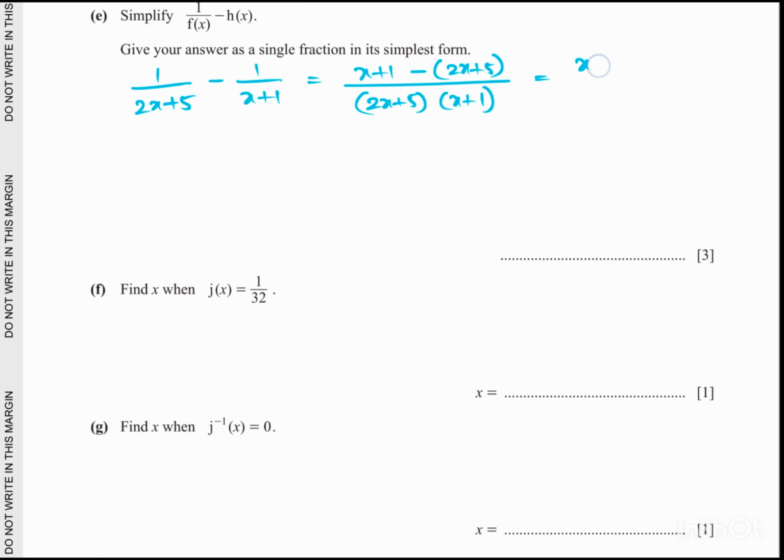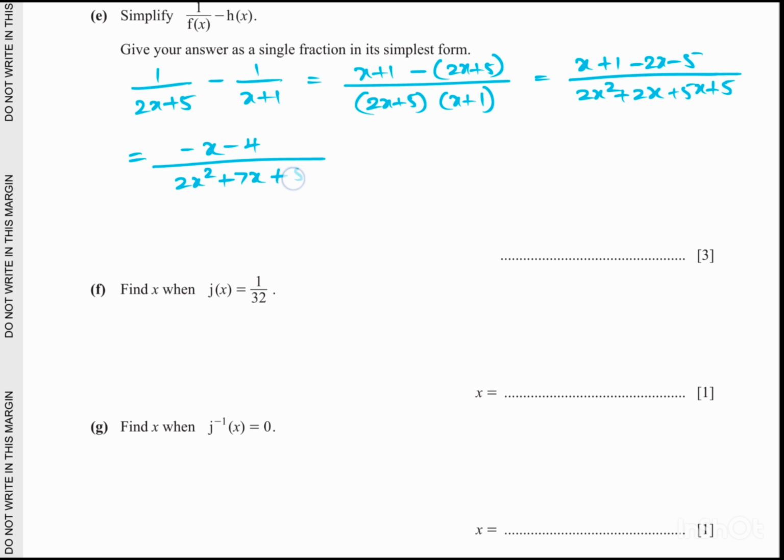You get in the numerator x plus 1 minus 2x minus 5 by 2x into x is 2x square, 2x into 1 is 2x, 5 into x is 5x, plus 5 into 1 is 5. Now in the numerator you can simplify x minus 2x is minus x, 1 minus 5 is minus 4 by 2x square plus 7x plus 5.